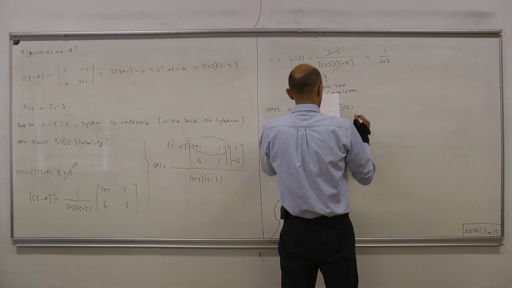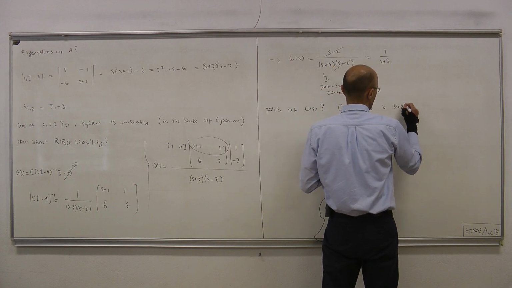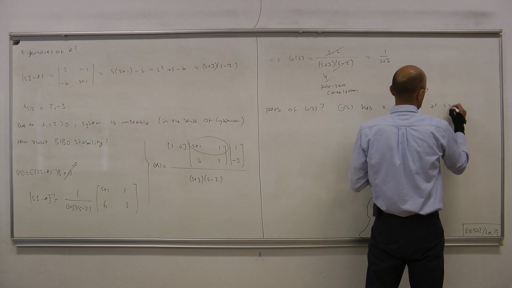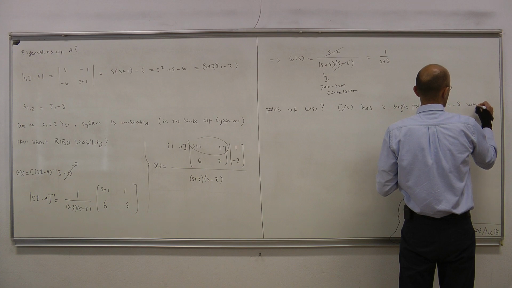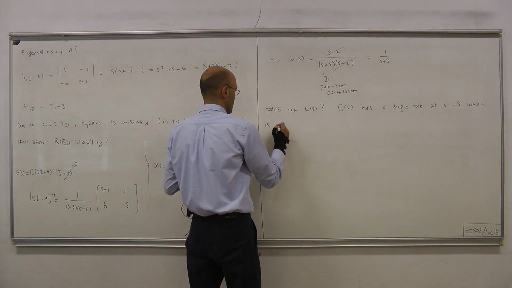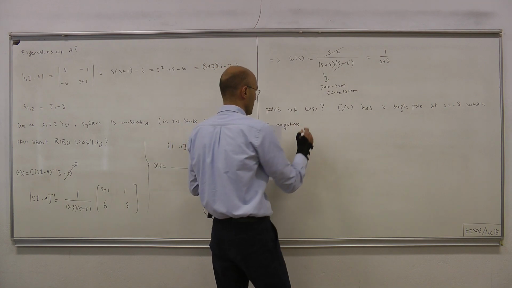Okay, G of s has a single pole, and it's at s equals minus 3, which is clearly negative. Okay.